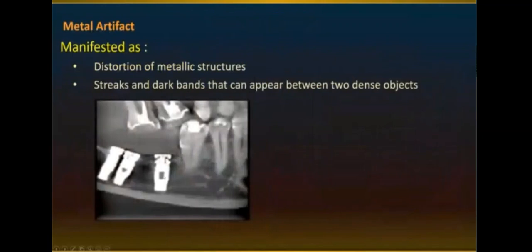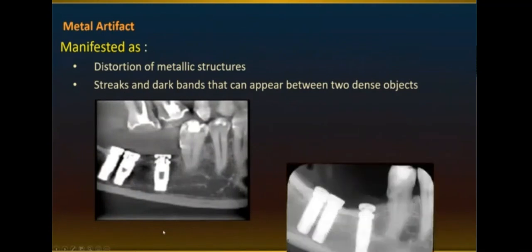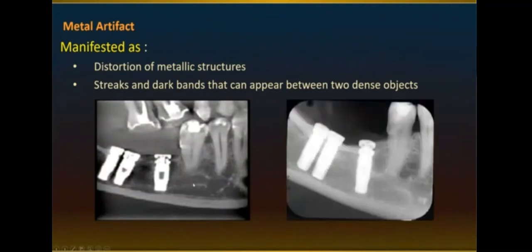So this is a reformatted panoramic cut showing these 3 implants. We can see some radiolucency between these 2 implants. This radiolucency is called the beam hardening artifact. When we take a periapical radiograph for this same case, we can see that all the radiolucent areas seem to be healthy.